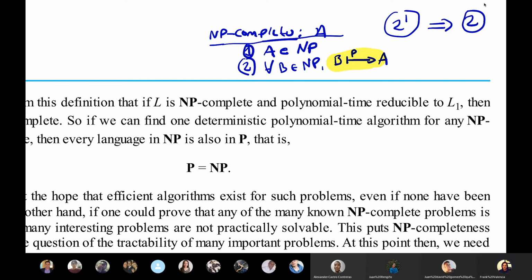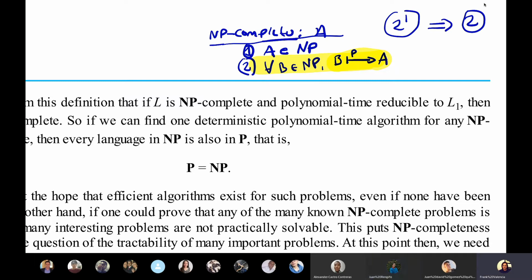So, can you see the problem with this one? Anyone? The problem with that? Yeah. It's like I have to, in a way, check if all the NP problems can be reduced to A. Yeah, and there are infinitely many.